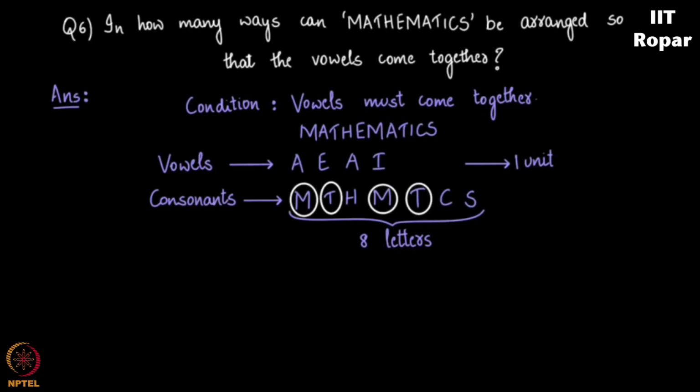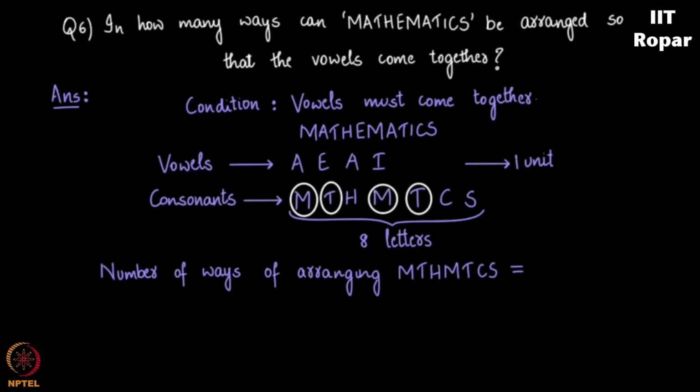So there are 8 letters and we have 2 letters which repeat, M and T. So the number of ways of arranging the consonants and the vowel unit is equal to 8 factorial, because there are 8 letters, by 2 factorial into 2 factorial. This is for M and this is for T. So this goes for the consonants.